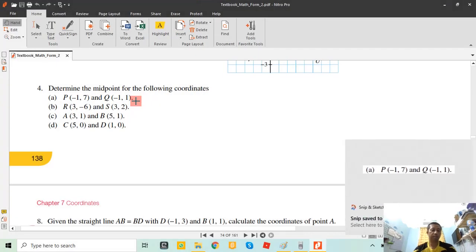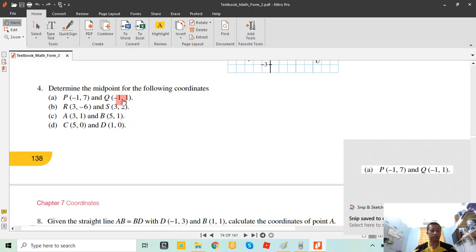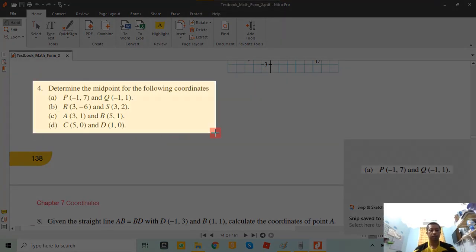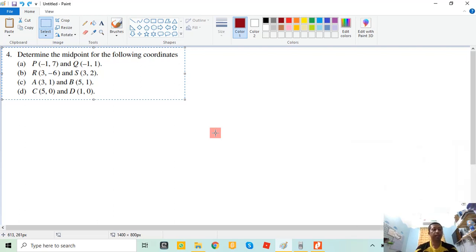Or maybe I copy everything. Let me erase this one first. Okay, I copy everything here. So question number 4, determine the midpoint for the following coordinates. So A is P, negative 1, 7, and Q, negative 1, 1.